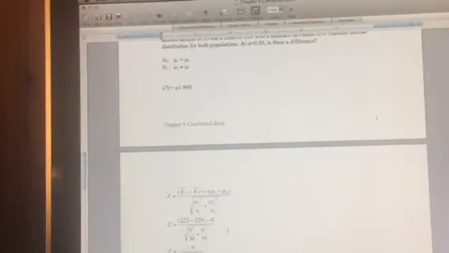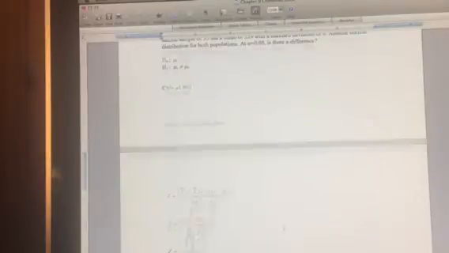Now the denominator is a little bit of a mess. We have square root of sigma 1 squared over n sub 1 plus sigma 2 squared over n sub 2. Now, we don't know the population standard deviations, but we have large samples. We know the sample standard deviations. We substitute those in. The important thing here is you need to match up your standard deviation in your sample.